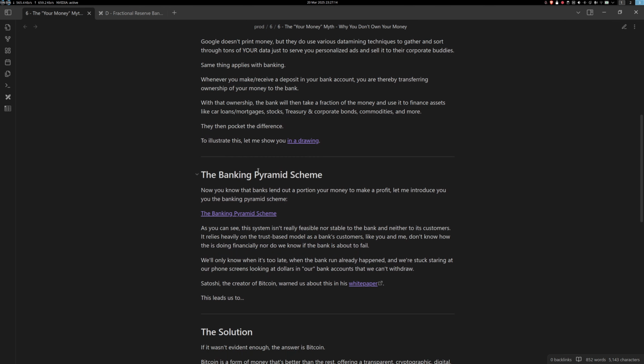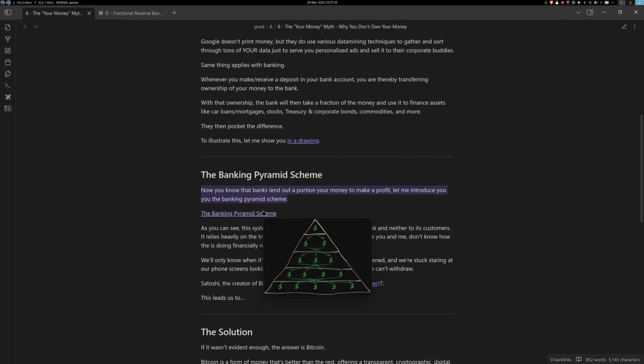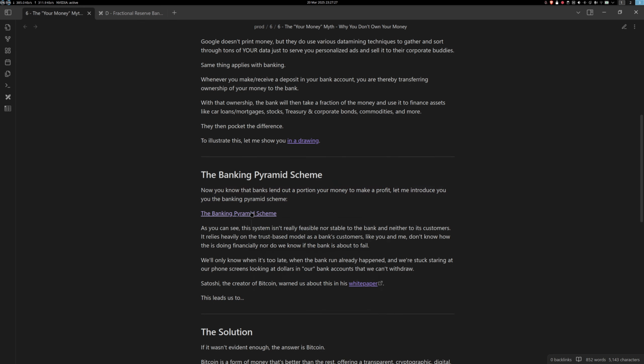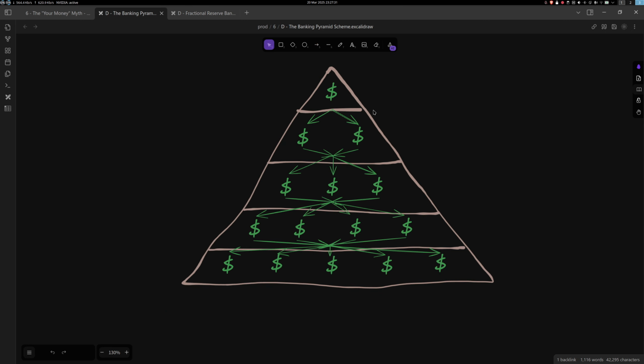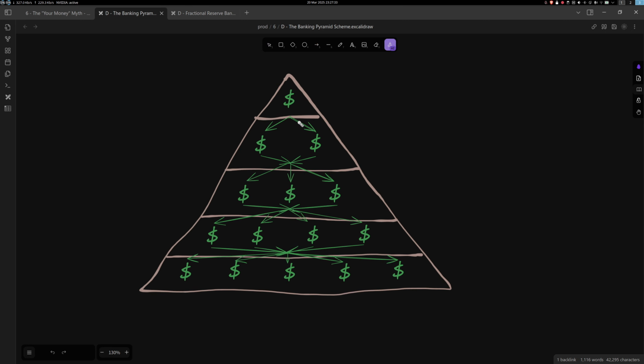So that leads us into the banking pyramid scheme. I want to show you this in an illustration, but now that you know banks lend out a portion of your money, let me introduce you to the banking pyramid scheme. This may look complicated too, but let me break it down for you.